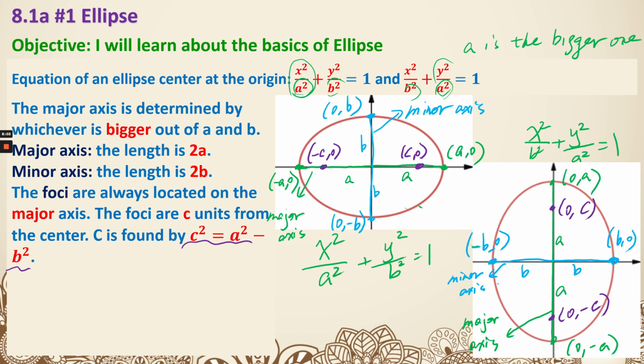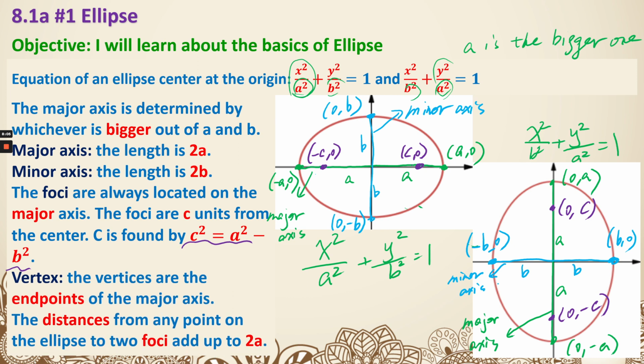These are just two different setups. Moving on, vertices. The vertices are the endpoints of the major axis. So very specifically, the (negative a, 0) and the (a, 0) in this format, and the (0, a) and (0, negative a), these are our vertices because they are on the major axis and they are the endpoints of these major axes.